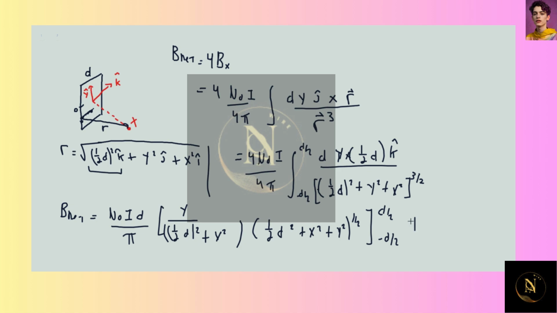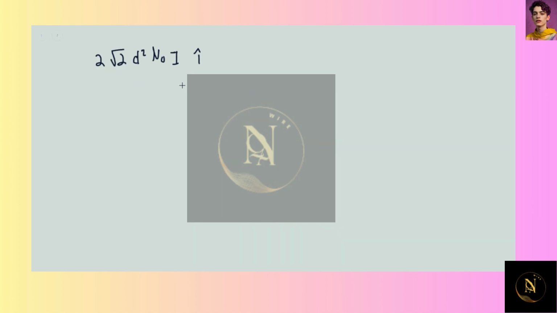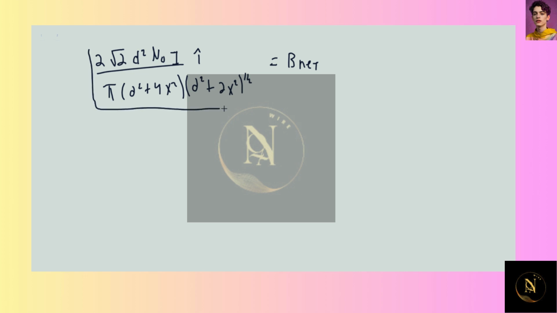So this all becomes just in the i hat direction. And this is over pi times d squared plus 4x squared, and d squared plus 2x squared to the 1/2. So that is B net. So that was just 4 times the x component of a single one of those lines.